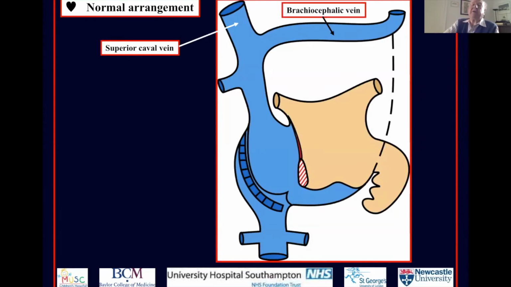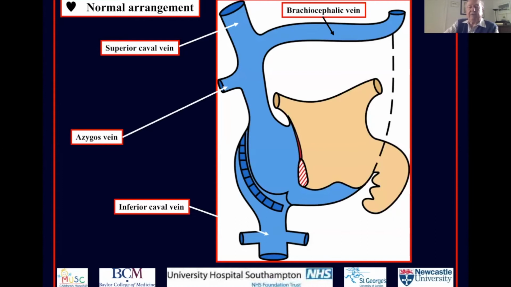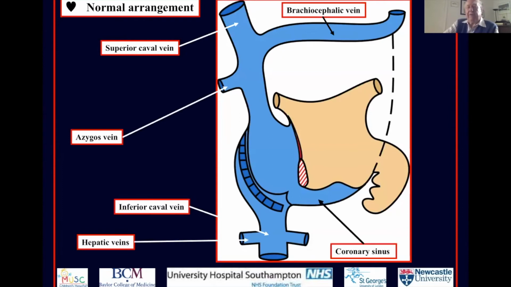We expect it to be receiving the brachiocephalic vein, so the blood is all being shunted to the right side, and it will also receive the azygos vein that is bringing the blood back from the parietal parts of the thoracic cavity. And it, together with the inferior caval vein, which drains the hepatic veins, and also the coronary sinus, will open to the smooth-walled systemic venous sinus.